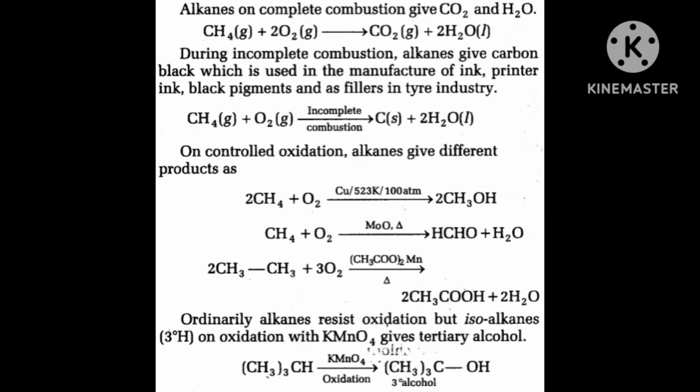Here you have seen the first and last are alcohols, the second was aldehyde, and the third was ethanoic acid. That means four products: methanol first, aldehyde second, acid third, and alcohol fourth. So you got alcohol two times, first and last.